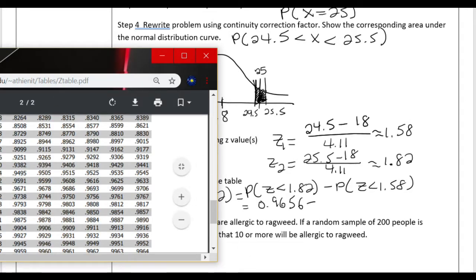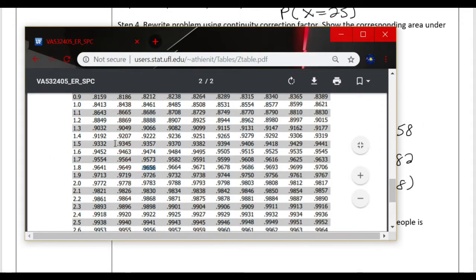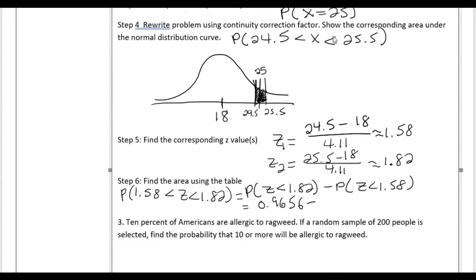Next number is 1.58. So we got 0.9429. Okay, so it's going to be 0.01... 2.7.